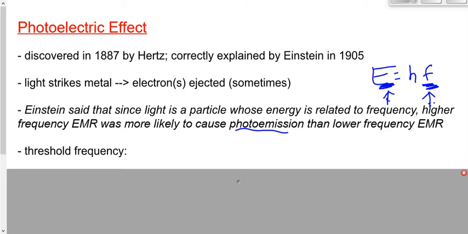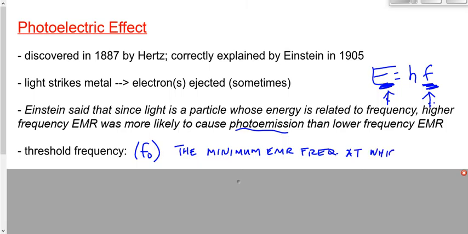You're below that frequency, nothing happens. You're above that frequency, something happens. We call that frequency the threshold frequency. The symbol for threshold frequency is f subscript 0. It is the minimum EMR frequency at which electrons will be ejected.